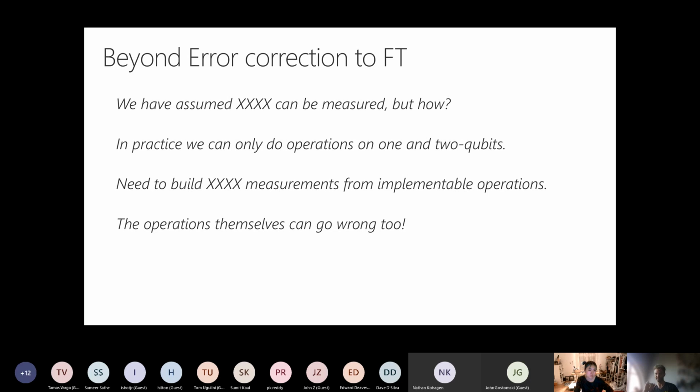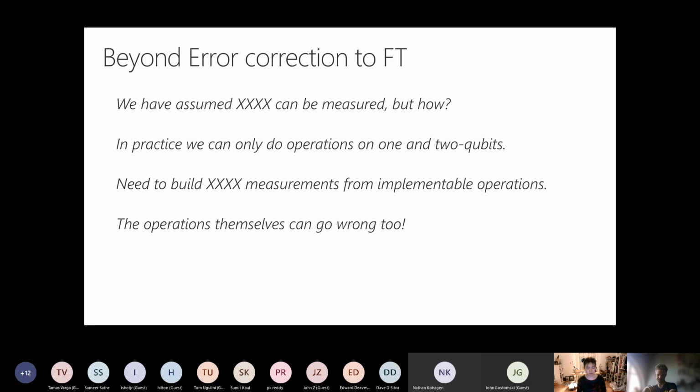In the first contrived example where we just measure the parity of 2 qubits, that might be possible in some systems like Majorana systems, but not in others. And in a scenario where we have a bigger error correction scheme, like for the Steane or the color code as I described in a little bit more detail afterwards, then we need 4 qubit parity measurements. And how do we do that in practice?